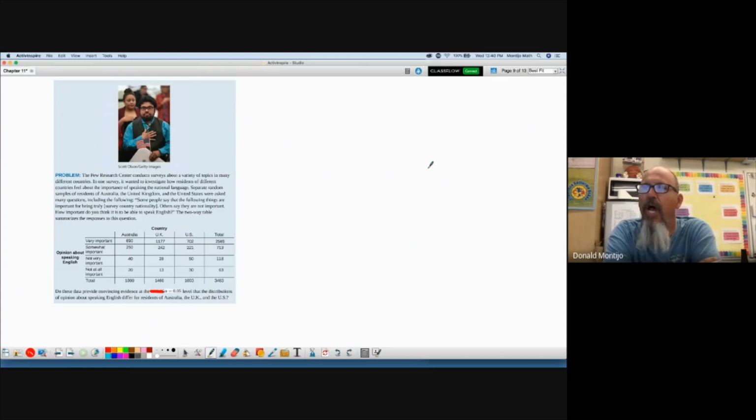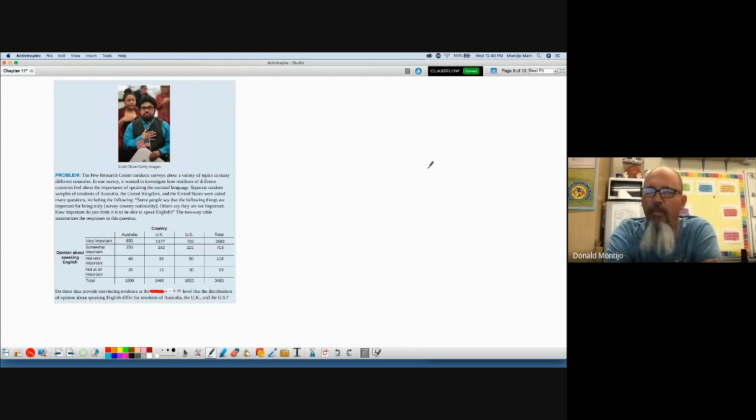Others say they are not important. How important do you think it is to be able to speak English? The two-way table summarizes the responses to this question. They're asking us, do these data provide convincing evidence at the alpha 0.05 level that the distributions of opinions about speaking English differ for residents of Australia, the UK, and the US?